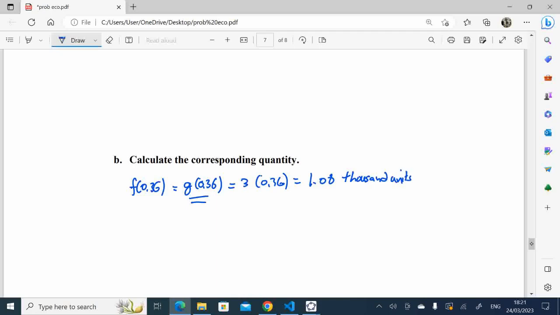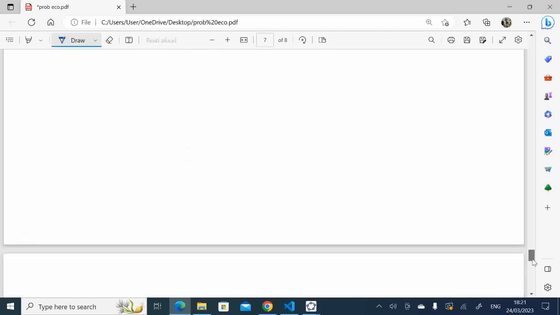So this is the equilibrium quantity; if I multiply by 1000, it's going to be equal to 1080 units. Let's go to the last part, I think.